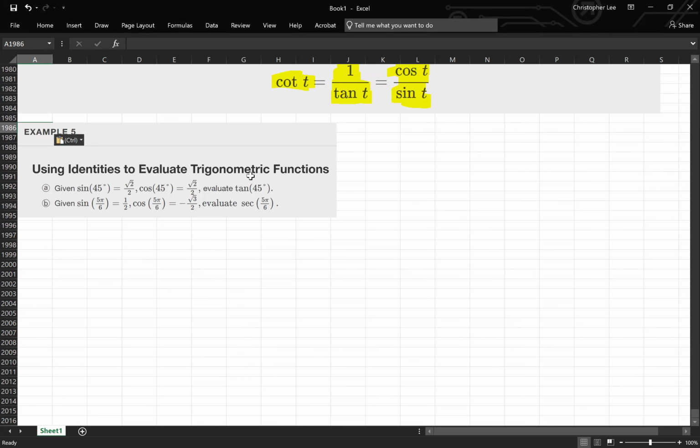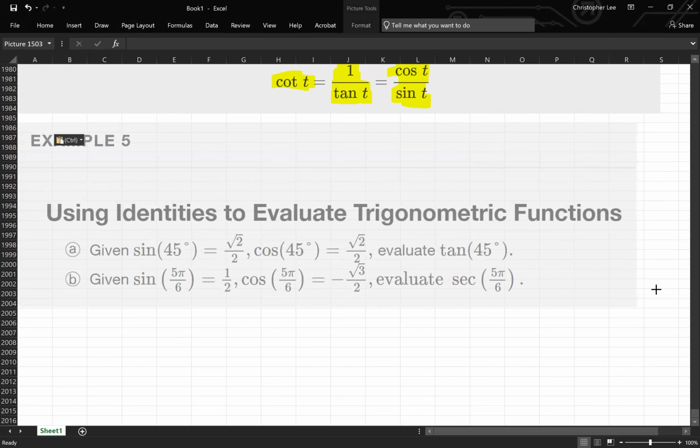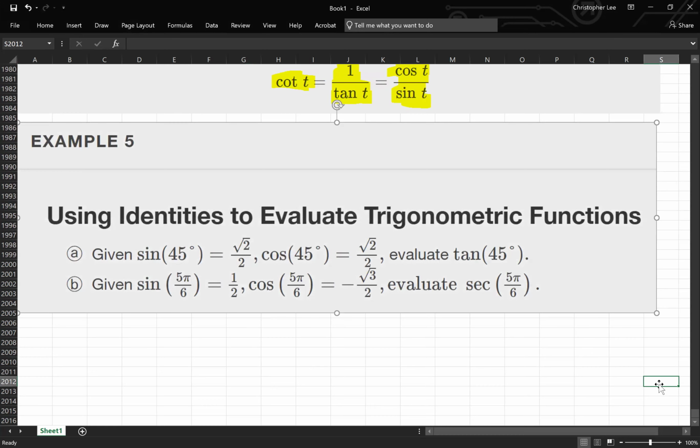So check this question out real quick. We want to use the identities, the ones that we just spoke about, to answer these questions.